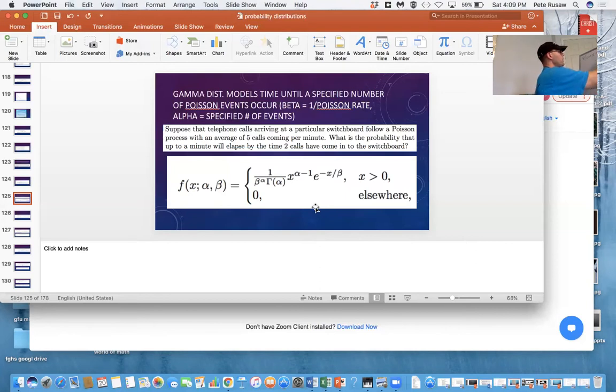So that would be 1 over 1/5 squared times gamma of alpha, so times gamma of 2, times the integral from 0 to 1 of x to the 2 minus 1, which is just x, times e to the minus x over 1/5, which is minus 5x dx.